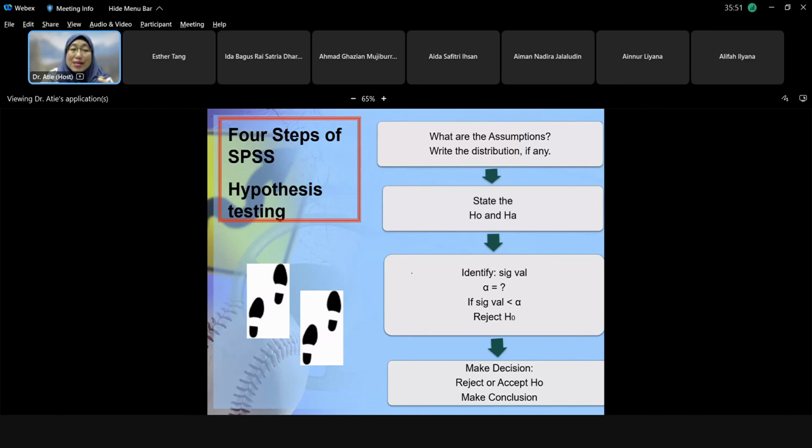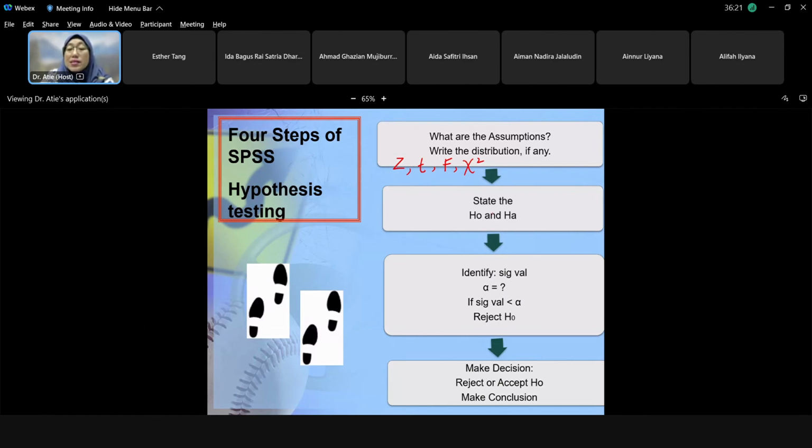It's already given in the SPSS output. But the assumptions will be the same. You need to know whether you need to use Z, and later on we are going to learn T, and then F, and then chi-square. It is based on the question and also the situation that we need to solve.